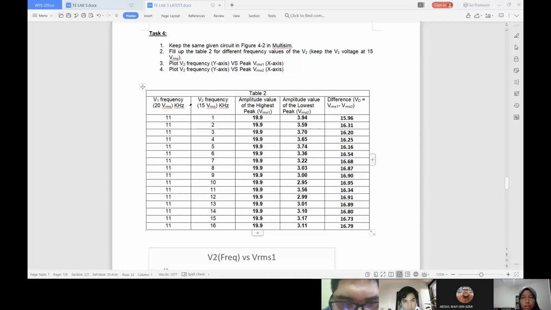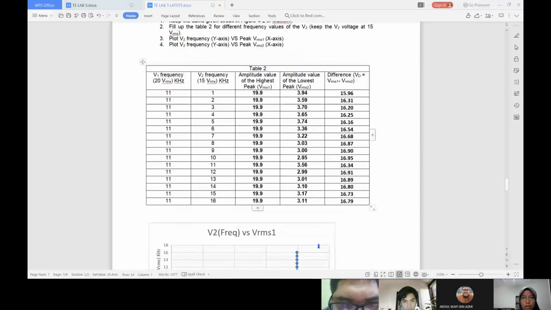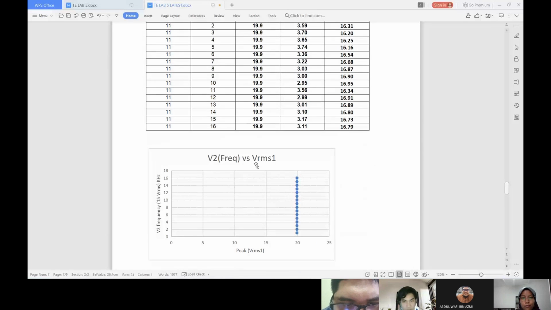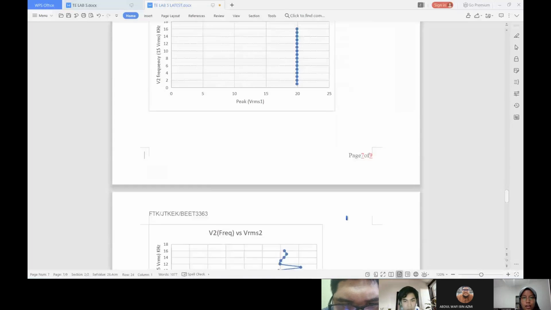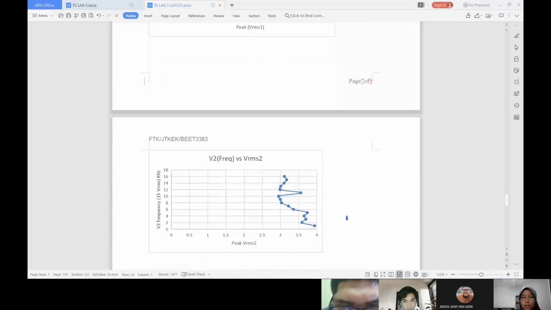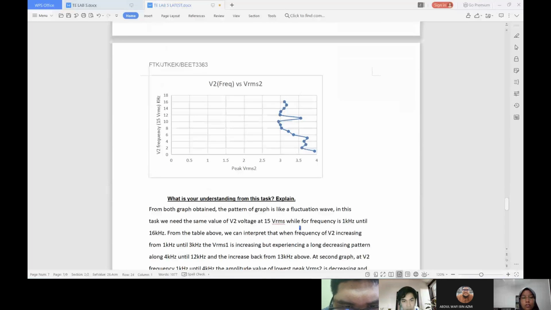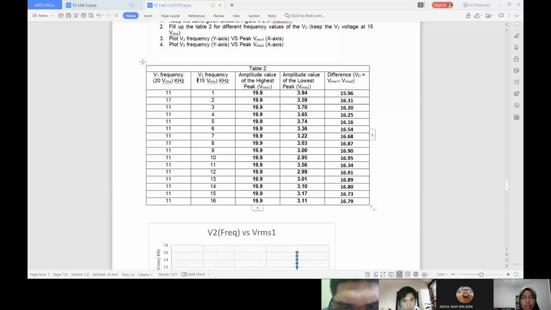From the graphs of V2 frequency versus VRMS1 and VRMS2, we can see that the pattern of the graph is like a fluctuating wave. In this task we keep the V2 voltage at the same value of 15 VRMS, while the frequency goes from 1 kHz until 16 kHz.